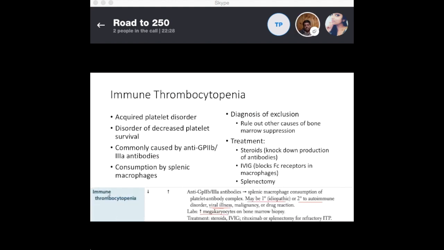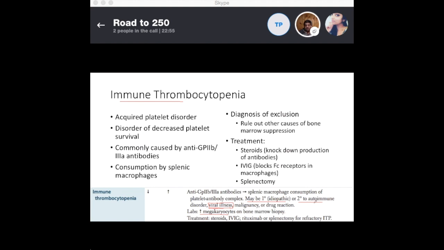So in First Aid, what I described in my writing is basically a primary or idiopathic form, but it can also be secondary to autoimmune disorders or viral illnesses. I've seen many questions about viral illnesses, and they basically give you low platelet counts and other symptoms to lead you to immune thrombocytopenia.